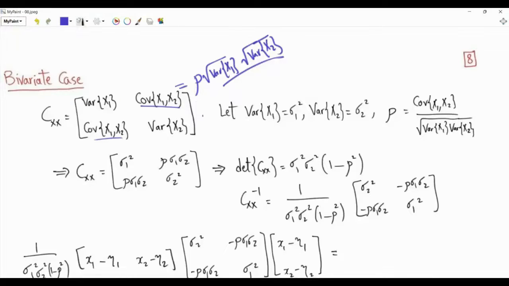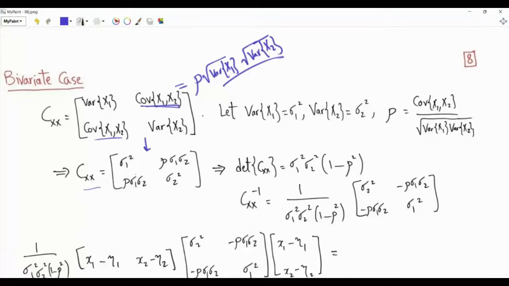Okay, and so we can write down the expression using the means, the variances, and rho. Rho will be the correlation coefficient. So going from here to there, the covariance is rho times the standard deviation of x1 times the standard deviation of x2, which is sigma 2.